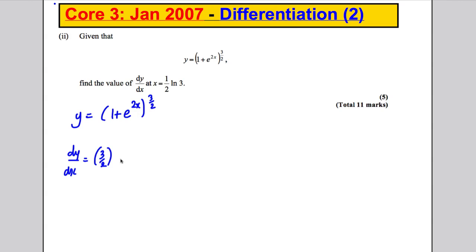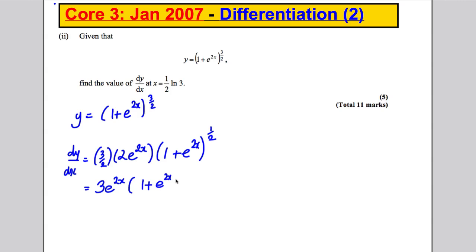You can differentiate the bracket. If you differentiate this bracket, you get 2e to the 2x. And then you have what you had in the bracket, 1 plus e to the 2x, but this time reduced by a 1, so you would have it to the half. Just tidying it up, 3 over 2 times 2 is 3, so you'd have 3e to the 2x, and you would have 1 plus e to the 2x, all to the power of half.